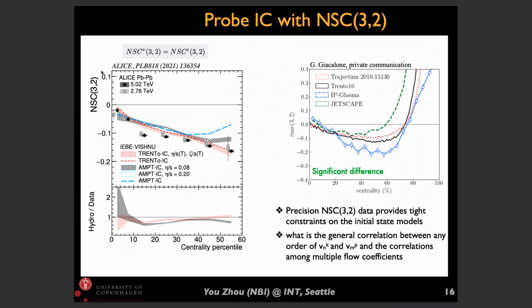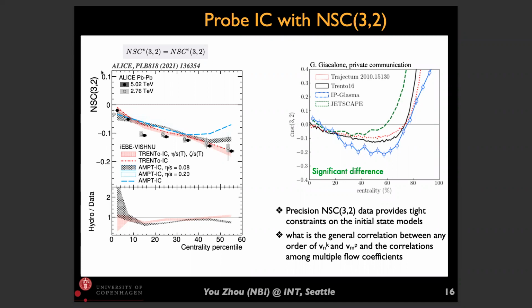Most of the models can, to some extent, describe the shape, or for some centralities even catch the data. But yesterday, I also talked to Wilke about the NSC 4,2, which is a V2 V4 correlation. I think most of them still failed or cannot catch the data.